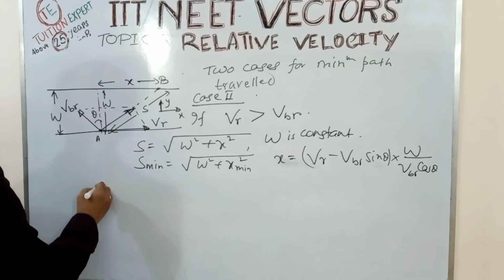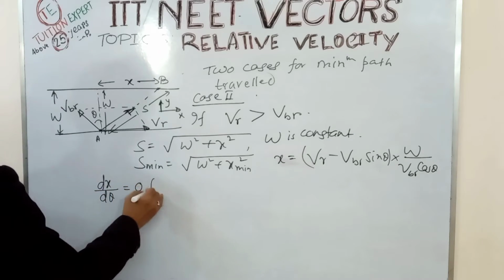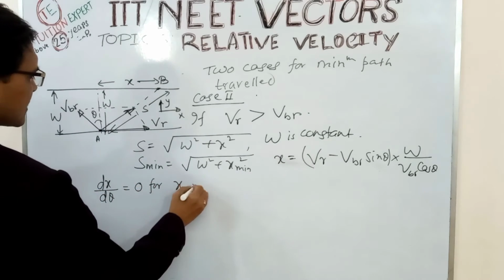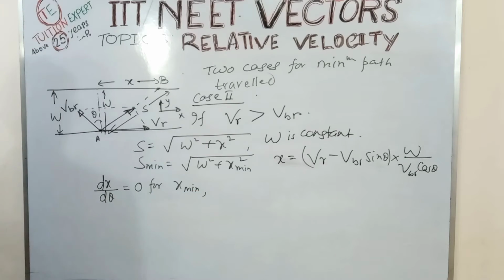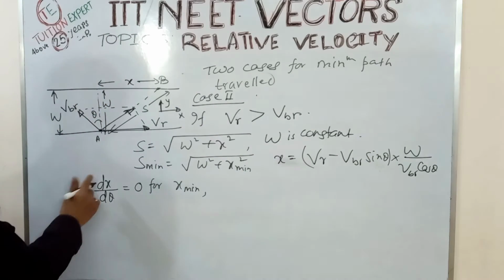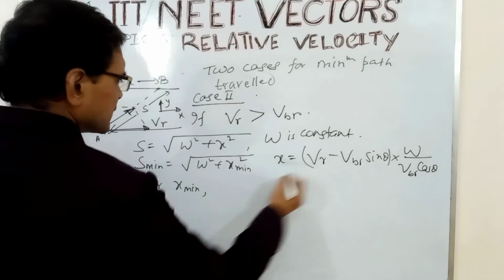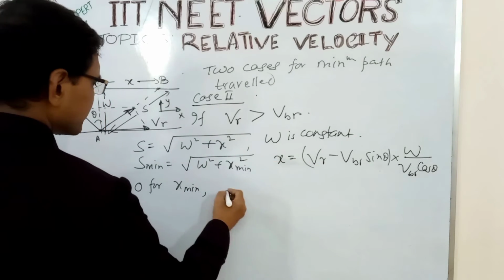We know dx by d theta equals 0 for x minimum. In calculus, x is a function of theta, the variable is theta, so we take the derivative with respect to theta, and dx by d theta is 0 for x minimum. Now what is the derivative of this?